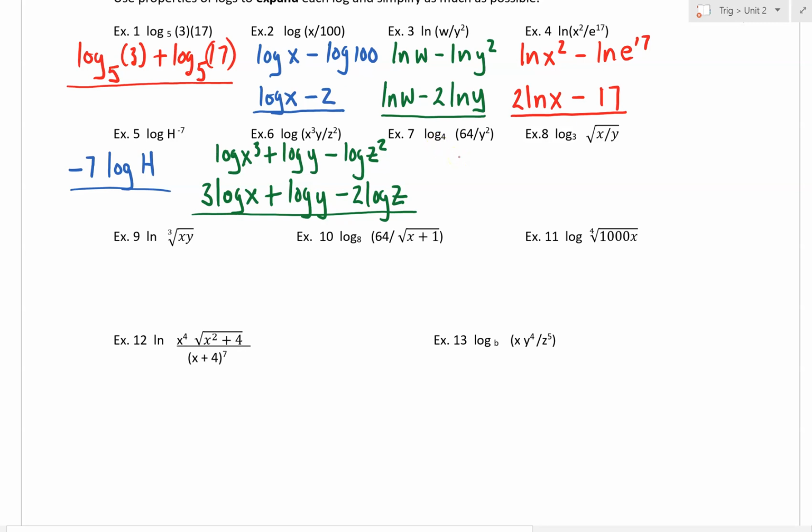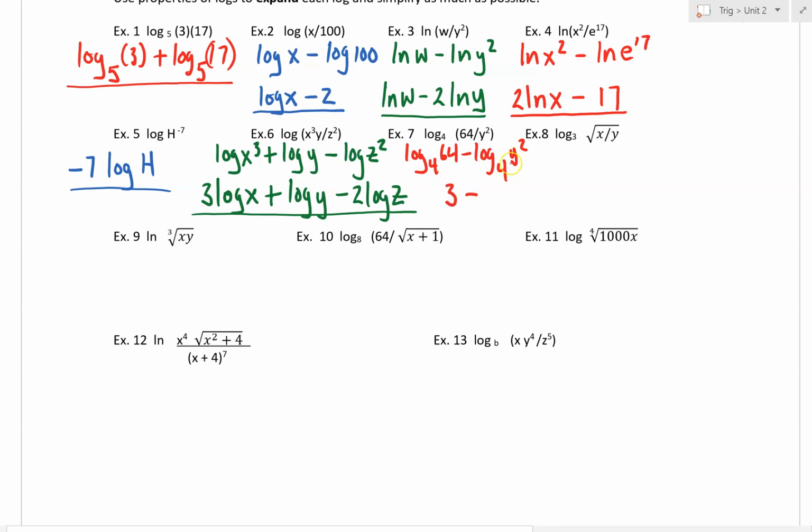For number 7, this one is saying 64 divided by y squared, so it's a subtraction. Log base 4 of 64 minus log base 4 of y squared. Looking at the first one, it's all numbers, so we have to check: 4 to what power could give us 64? Well, that one is 3.